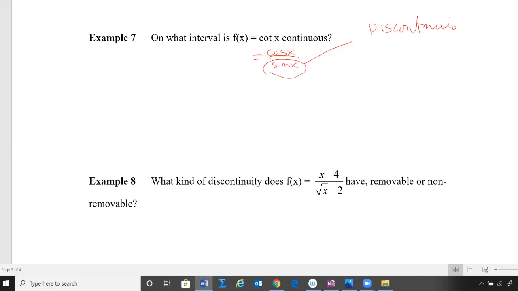But we know the sine and cosine don't have the same zeros, so that's not going to be a problem. So all you have to do is answer this question: when is that 0? Well, you know that's 0 at odd multiples, so you could say 2n plus 1 of pi over 2, where n is an integer. Or you could just spell it out in words and say odd multiples of pi over 2.